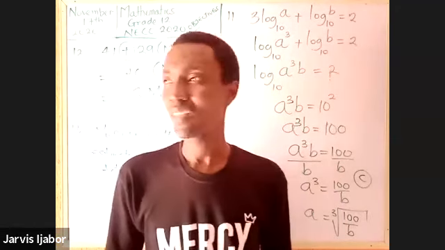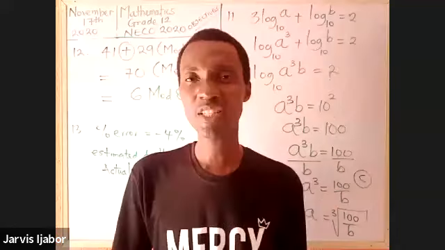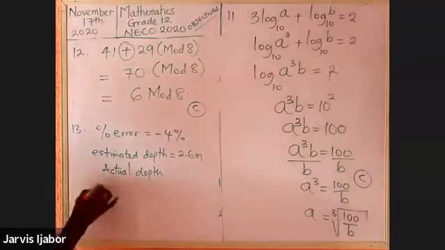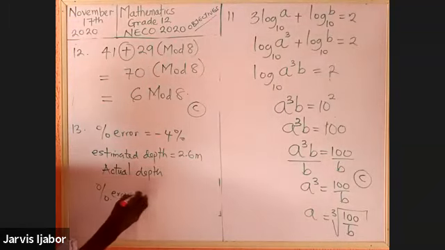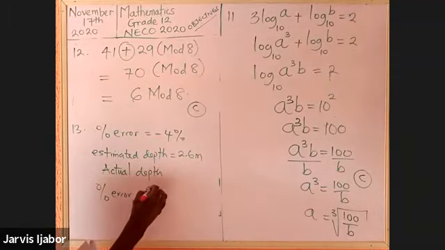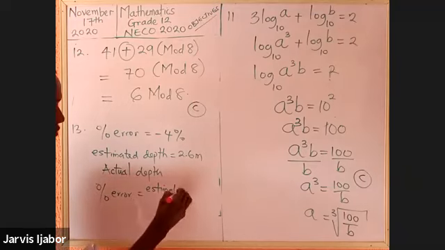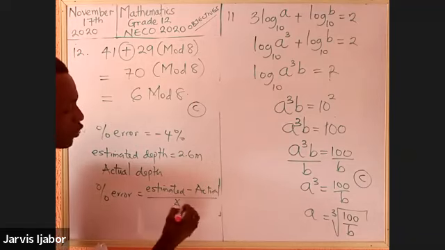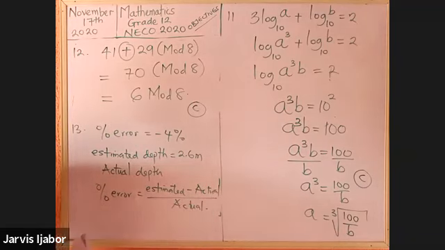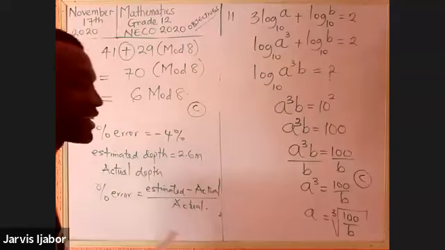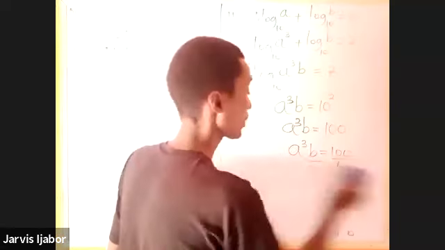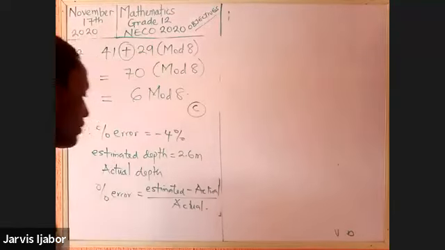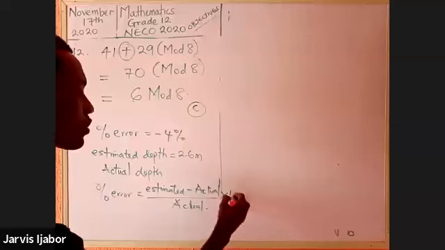I'll come again. The error is measured with respect to the actual. So the percentage error will be equal to the estimated minus the actual, over the actual. You measure the error with respect to the actual, and you have to be very careful here, because this is one of those areas where you could make a mistake. Then times 100%.